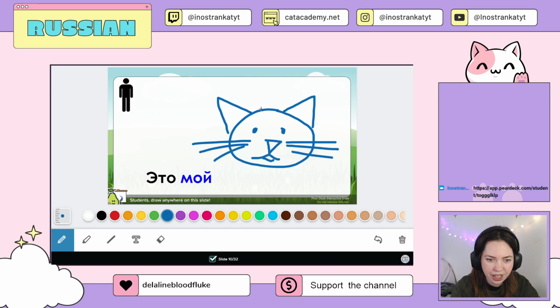A beautiful cat. Та-да! Готово. Это мой кот. It's my cat. Так, посмотрим. Угу. Хорошо. Идем дальше.